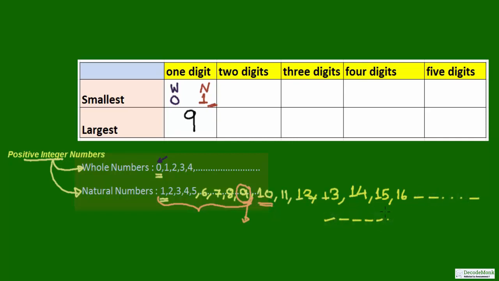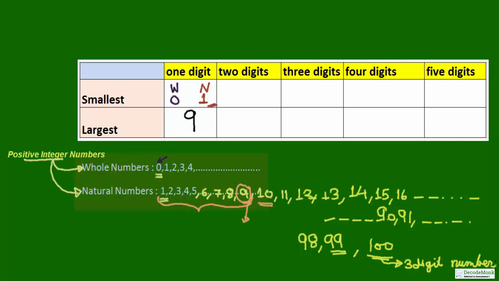It will go on till 90, 91, 92, 93, 94, 95, 96, 97, 98, then 99, and then 100. So you see over here, friends, that 100 is a three digit number, and this 99 is the last double digit or two digit number.